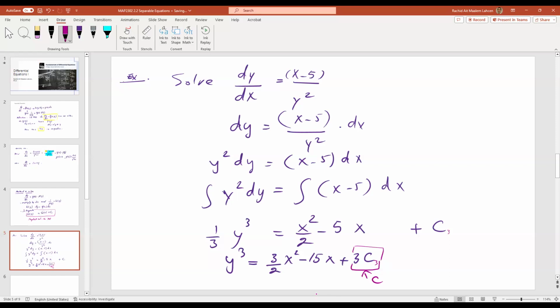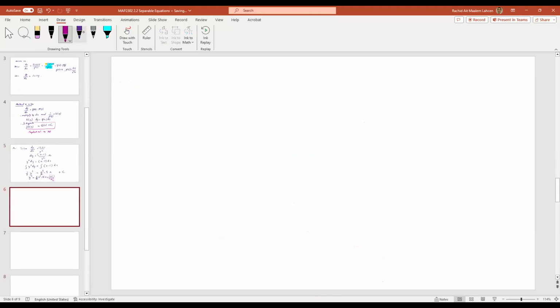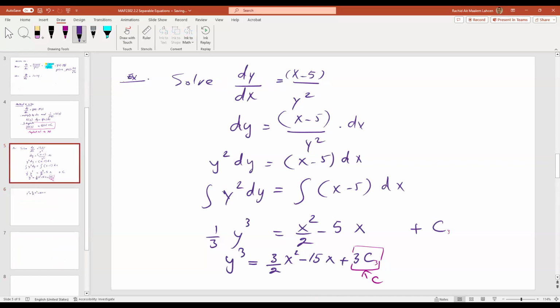And that will give you the next step, which is y cubed equals 3 halves x squared minus 15x plus c. If you're instructed, let's say, in the software, sometimes you're instructed that, okay, use constant k or something like that, then here you're going to replace it with whatever was indicated.